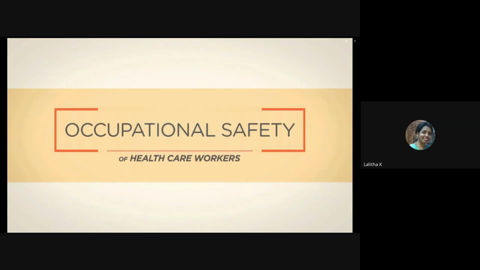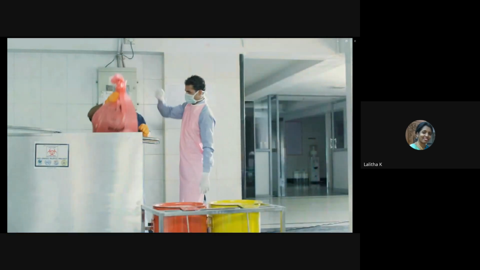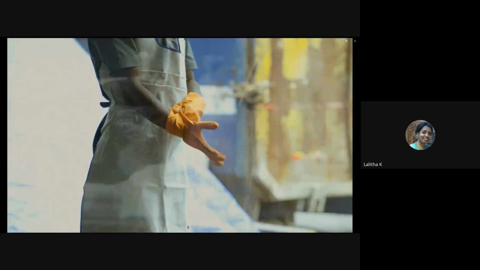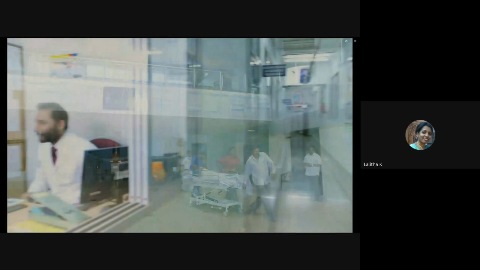Occupational safety. Healthcare personnel and workers handling waste may encounter hazards and infection risks as a result of their occupation. It is therefore necessary to prevent and control these risks. All healthcare facilities have a responsibility to ensure the occupational safety of healthcare personnel.